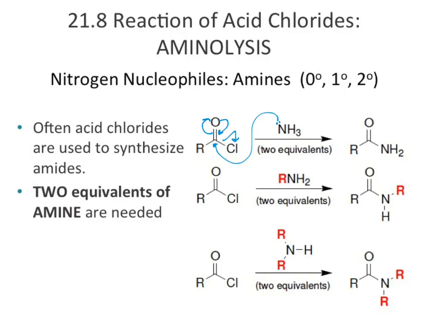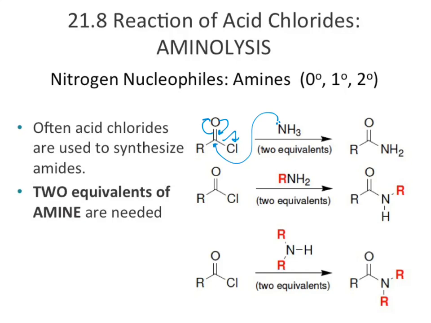Which one would you expect to react fastest? Would we expect the top one to get to the product faster than the bottom, or vice versa? The top. Why should the top one react the fastest? Steric hindrance. NH3 is a much smaller nucleophile. It's going to be able to get access to that carbonyl much more quickly than, say, our last one, or our secondary in this case. Would we expect the tertiary to work?